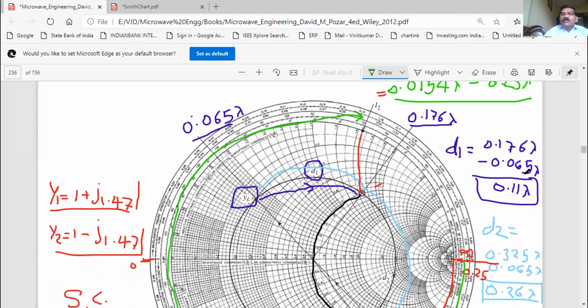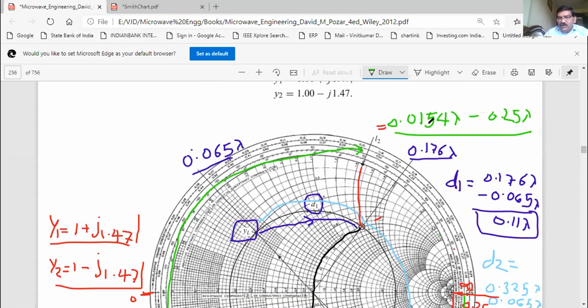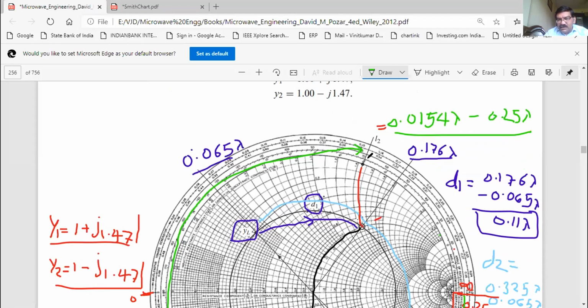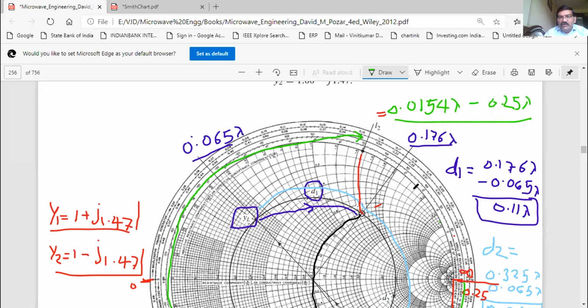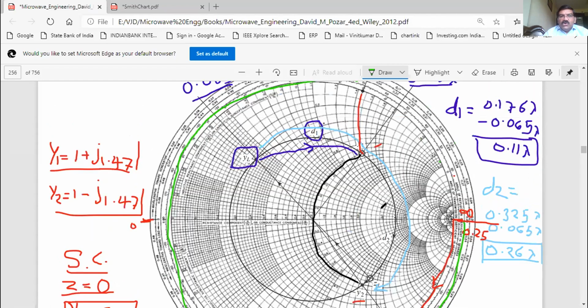Why? Because if you do the subtraction of 0.154 minus 0, you will get only this much length, and we don't want this. What we want is the half part and this part. Your complete Smith chart is 0.5, so half the Smith chart is 0.25.